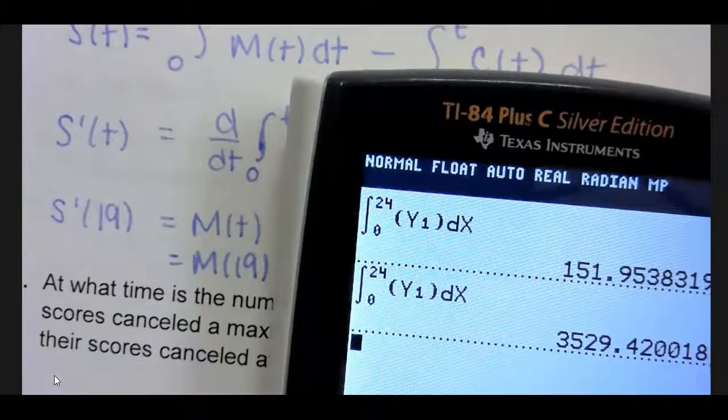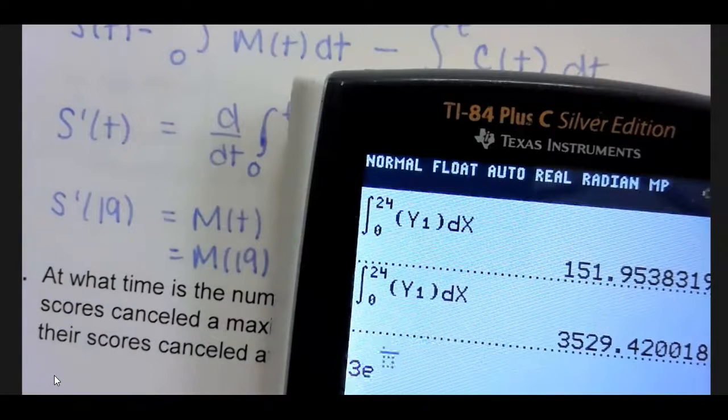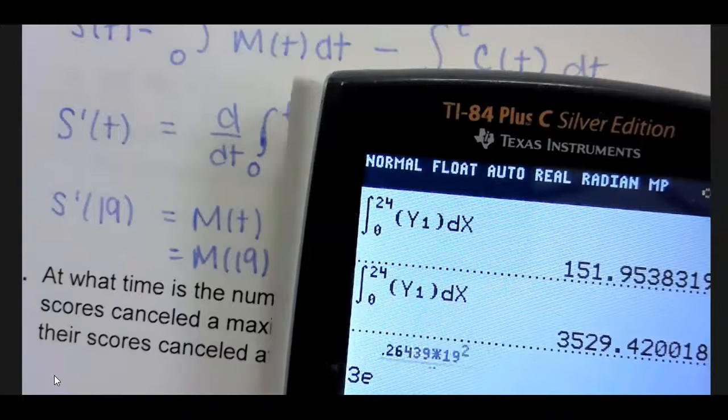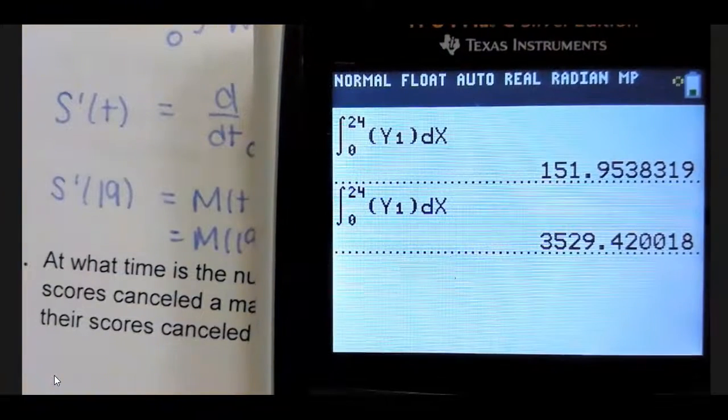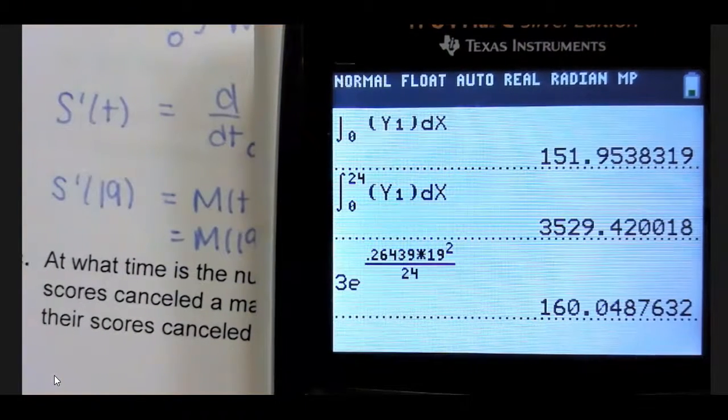So c is 3 second e, and you go to alpha y equals, get that fraction, 0.26439 times 19 squared all over 24. And we get 160.